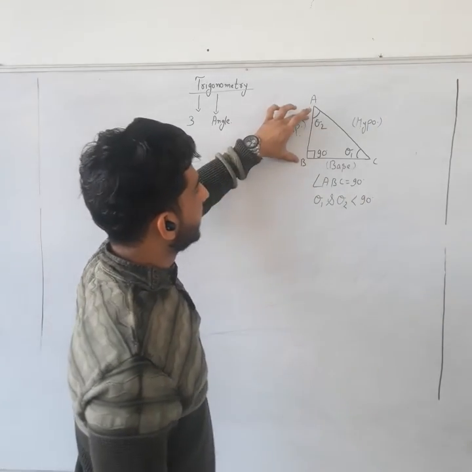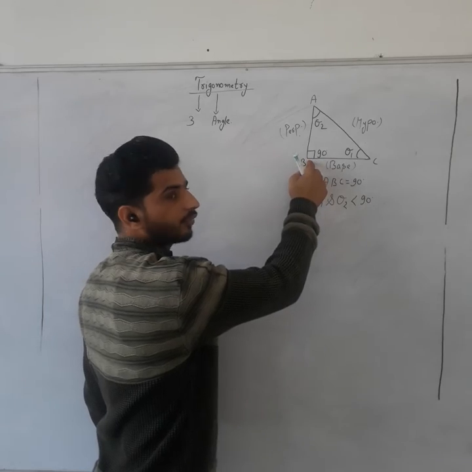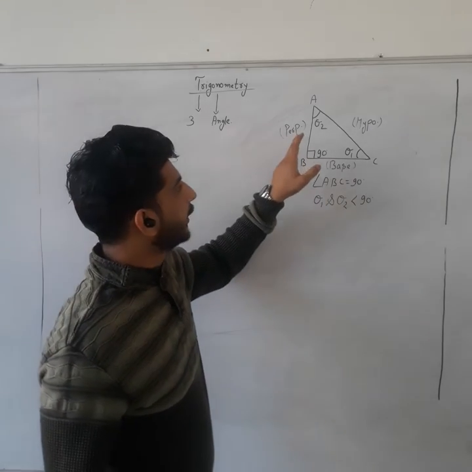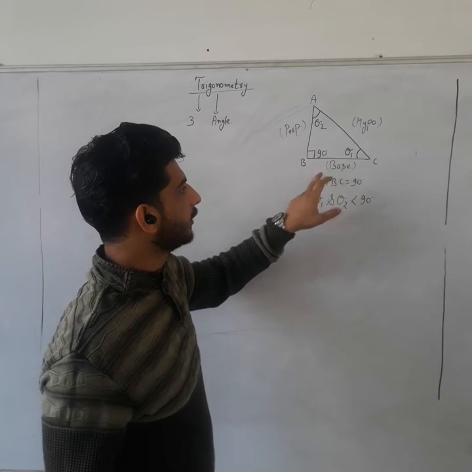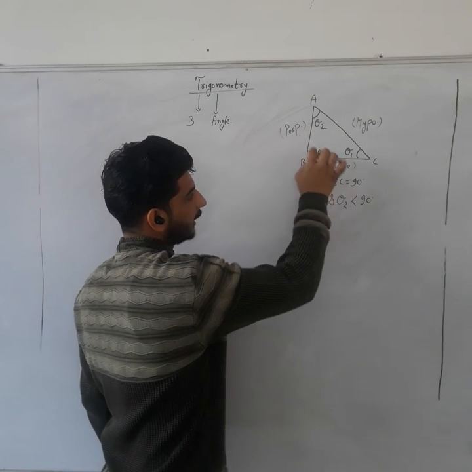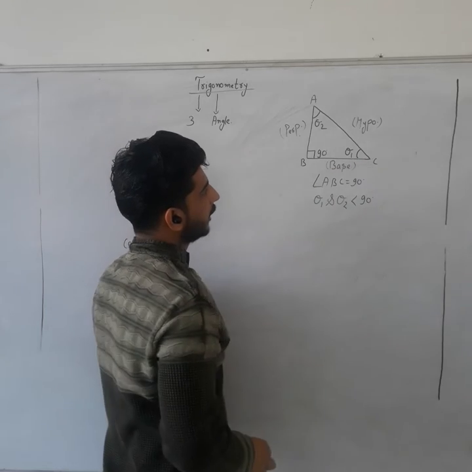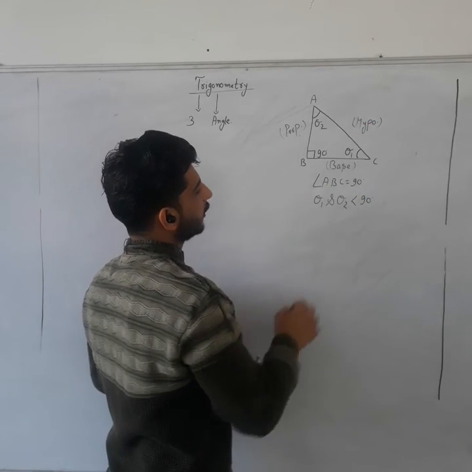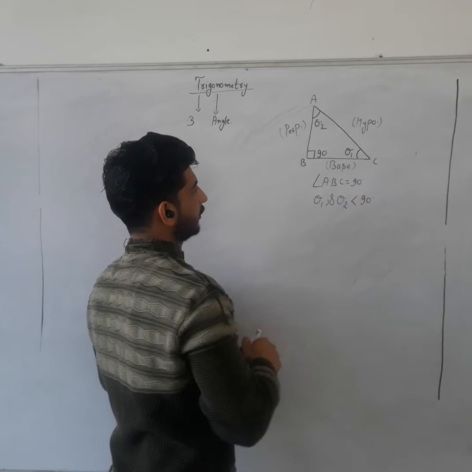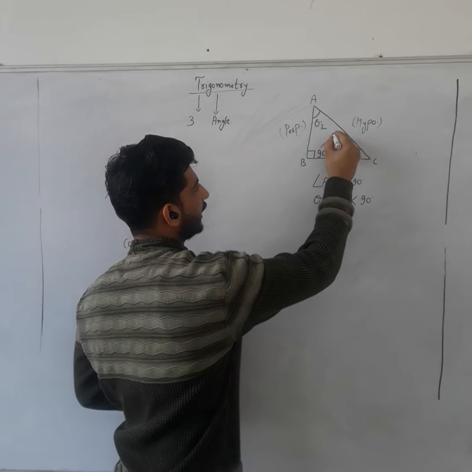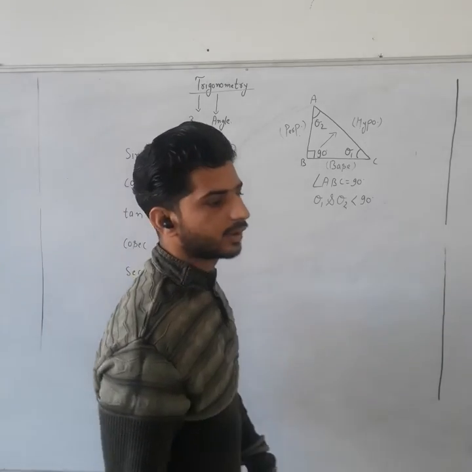The vertical line which represents the angle of 90 degrees is known as the perpendicular, and BC is the baseline in which we draw an angle of 90 degrees. And what is the hypotenuse? The side in front of 90 degrees is known as the hypotenuse.